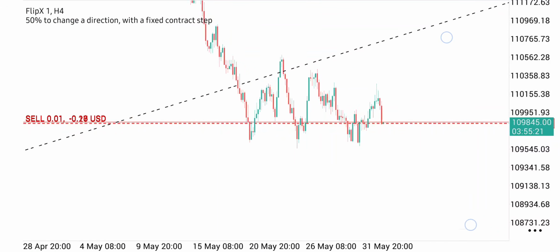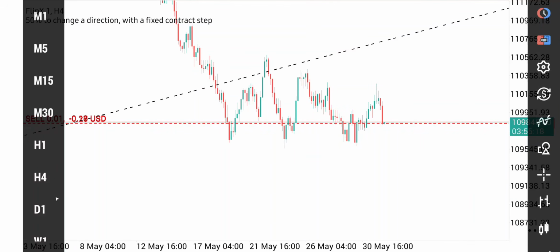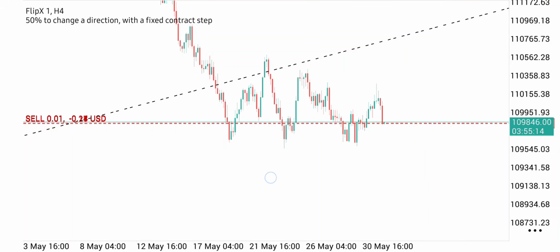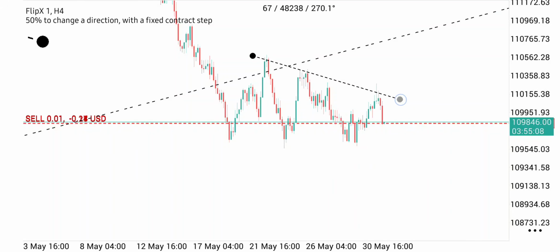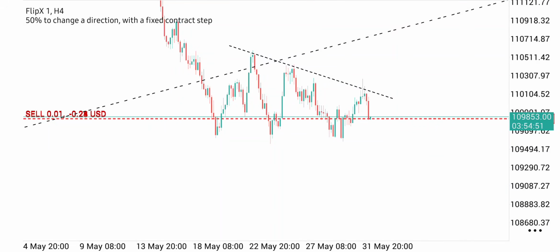As you can see here, you also have this resistance trend line, which has the first touch, the second touch, and the third touch. So this is another good confirmation here.